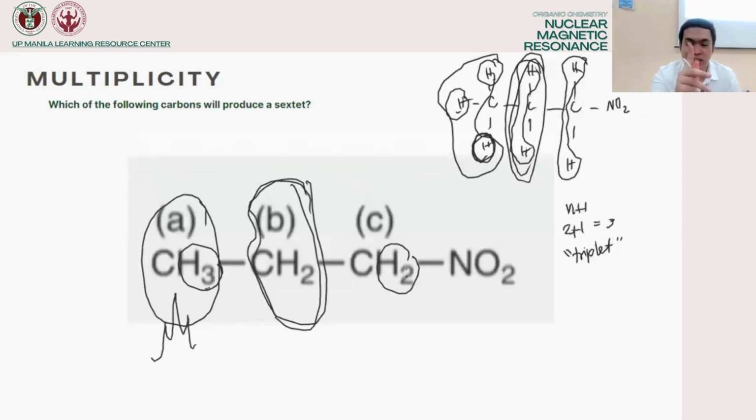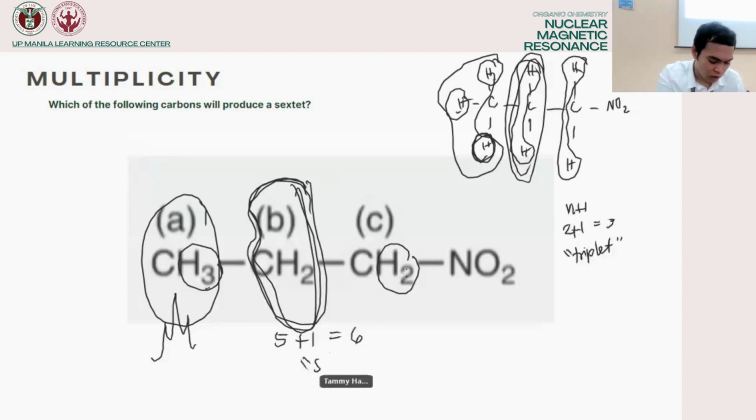When we say isang signal, parehas lang sila ng property. So, ang papakialaman mo lang nasa gilid. You have 5 neighbors, di ba? Plus 1 equals 6. So, have we answered kung ano ang sextet natin? Letter B. Okay?